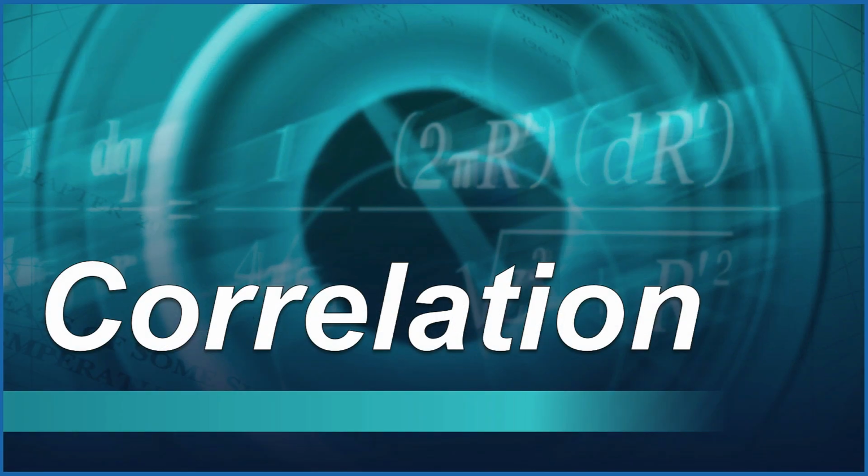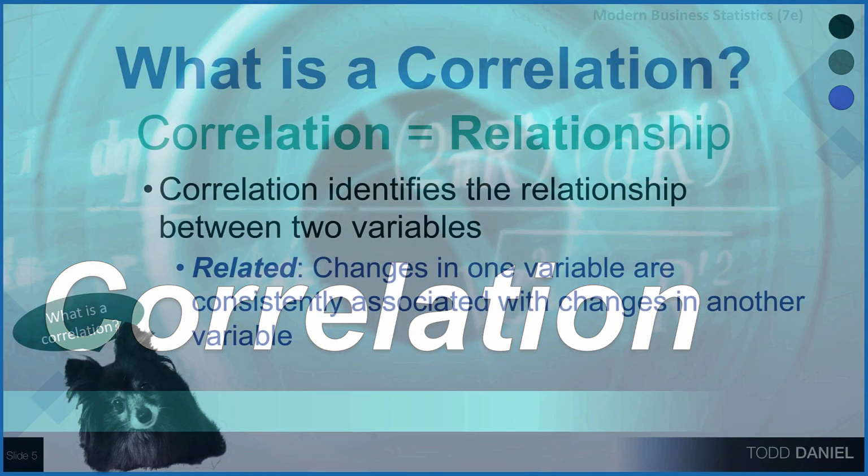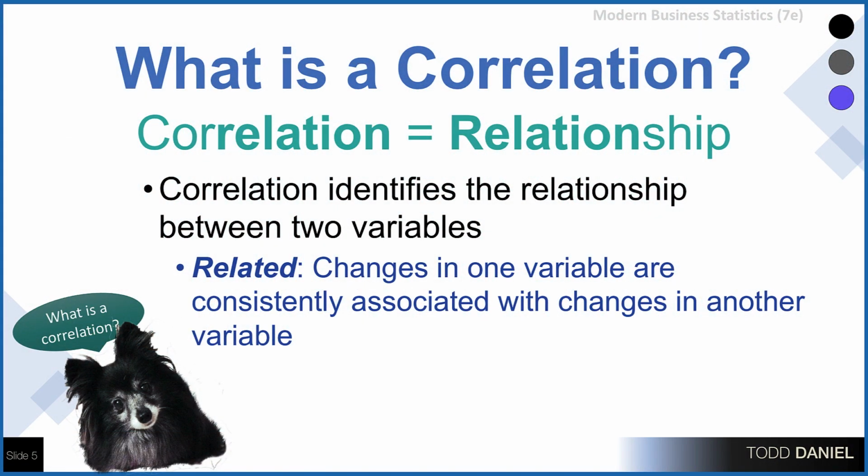We're going to begin with some information about correlation. Correlation, as you can tell from the name, is about relationships, specifically the relationship between two variables.